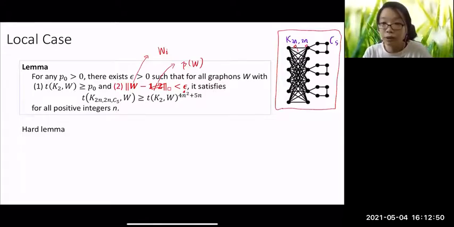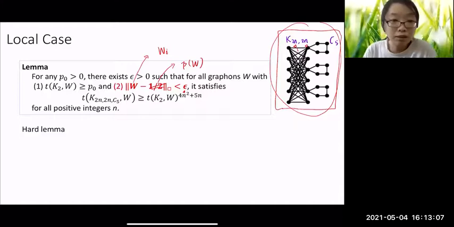So we want a uniform epsilon, no matter how large this graph is. No matter how large n is, we want the same epsilon to hold for all the graphs. This is hard, and we use some spectral method to prove this. And if I have time, I will talk more about this. But for now, I want to give a big picture of how all the proofs fit together.